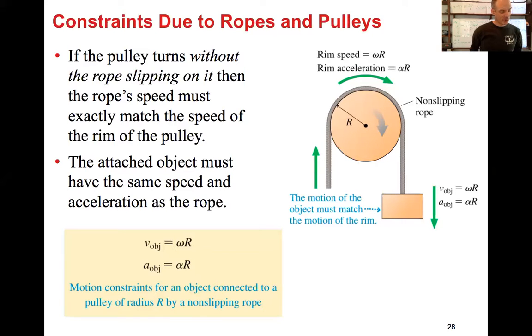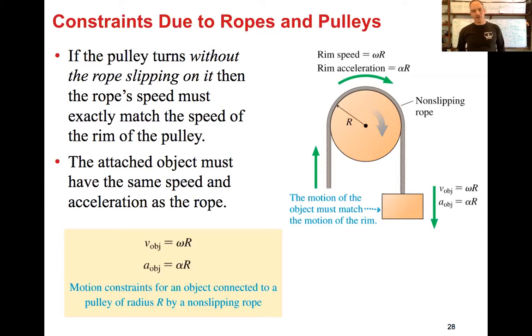You can think of it like a lever. That's what's applying the torque, the mass on the rotating object. So you have a radius of that pulley, and the speed of the rope is going to exactly match the speed of the rim of the pulley.